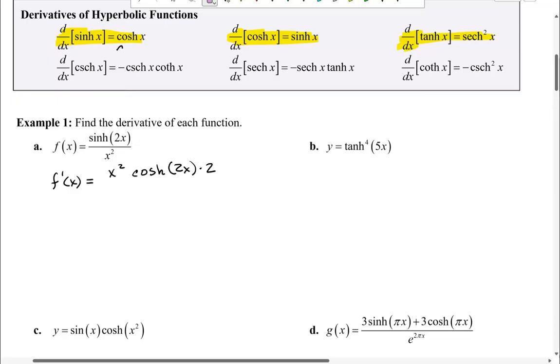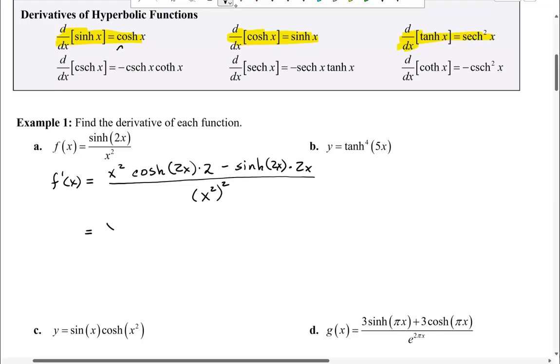So there we have the bottom function times the derivative of the top minus the top function, which is hyperbolic sine of 2x, times the derivative of the bottom. The derivative of x squared is 2x, all over the square of the denominator. Now we'll notice that in the numerator we can factor out an x.